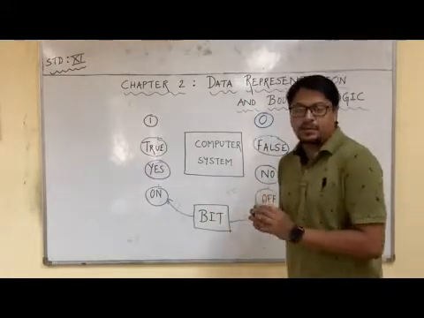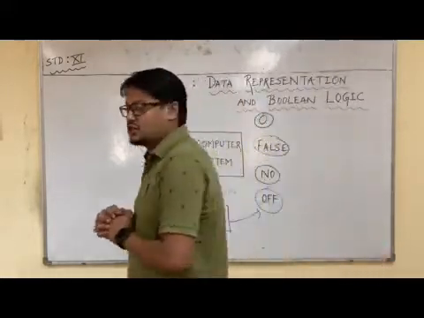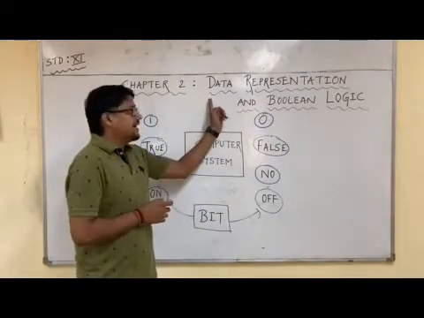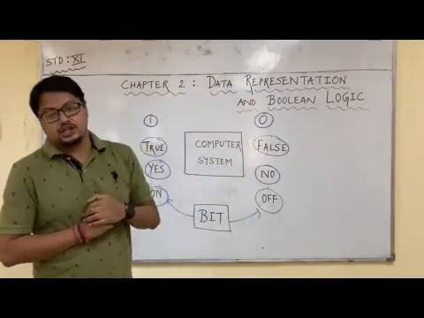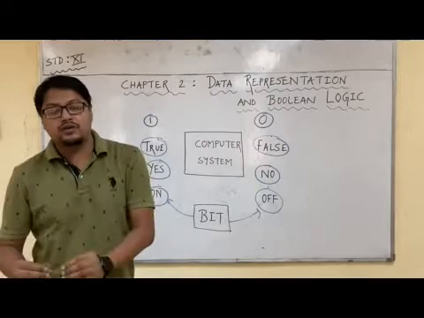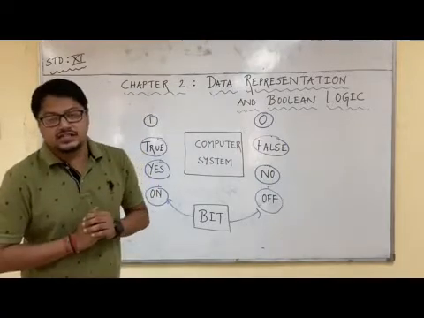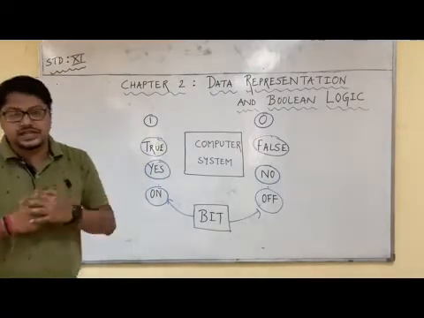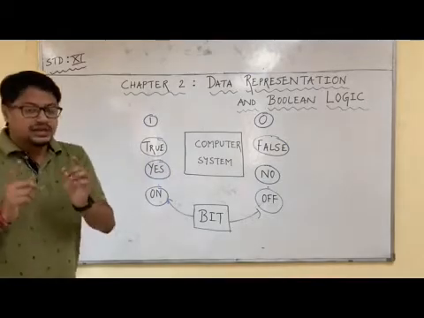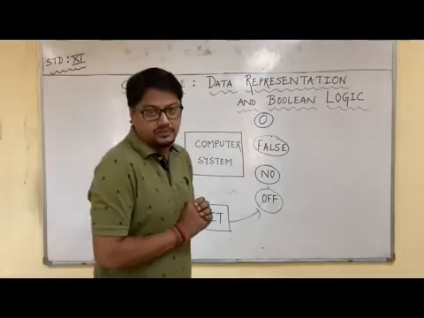Now let us break down the topics of this chapter, that is the title. Data representation means how many ways, how many possibilities there are by which we can represent data in a computer system, that we will learn about in this chapter.